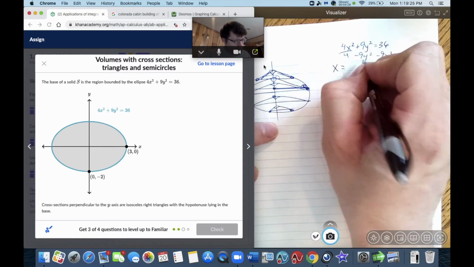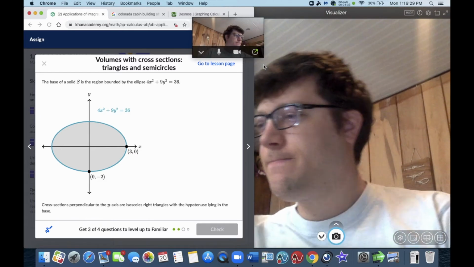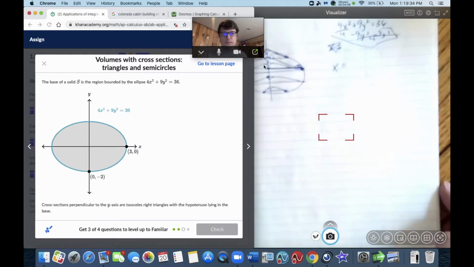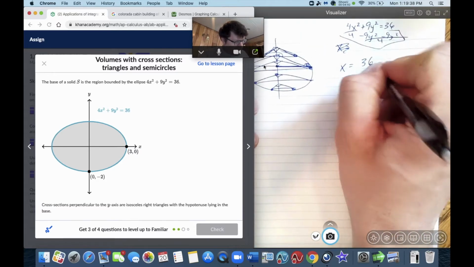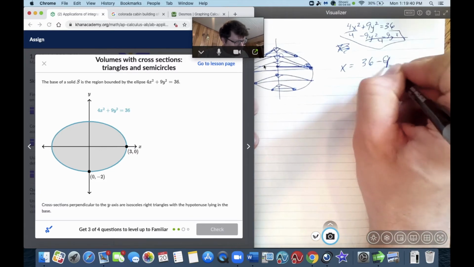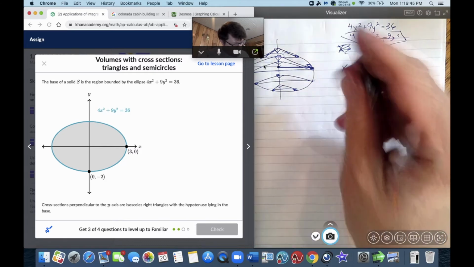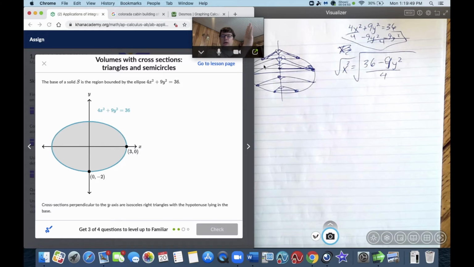This is not the right way to write it, I'll just read it. So it'll be the square root of 36 minus 9y squared over 4. So that's going from x out. That's the first line of the radius.